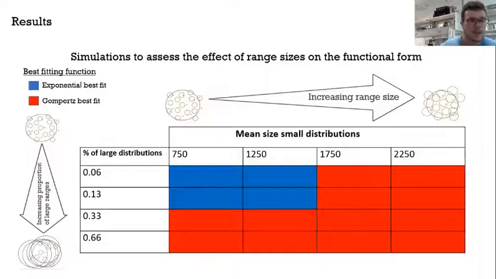By increasing the percentage of large distributions, we can also see that it's the Gompertz function that presents the better fit. So the Gompertz function presents the better fit with the largest distributions and with a high percentage of large distributions.